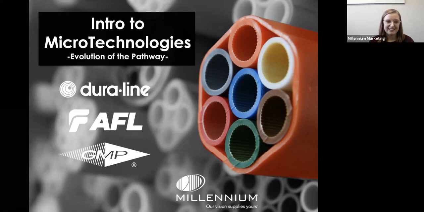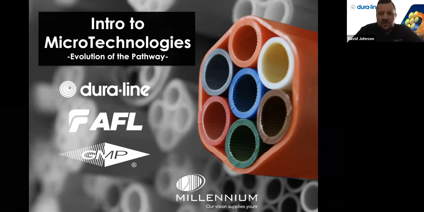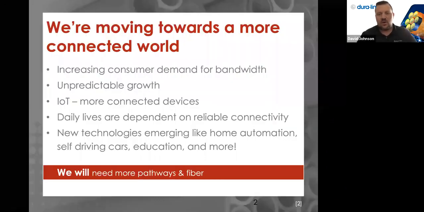Okay, perfect. So as you know, we're going to be learning about microtechnology today and really the evolution of the pathway and the evolution of micro cables and fiber and jetting equipment and what that entails today. With the events of 2020 and COVID, we've really learned that we're moving to a more connected world.